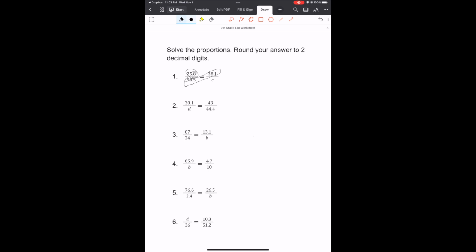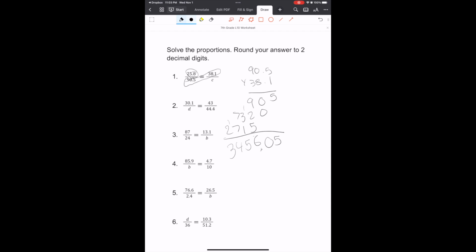So 90.5 times 38.1 gives 3447.05, with 2 decimal places.